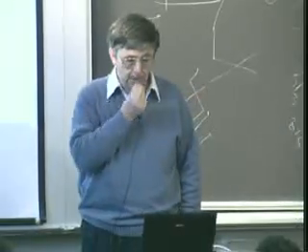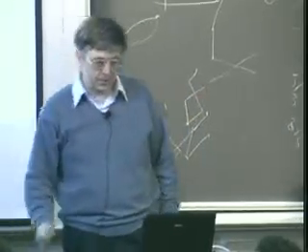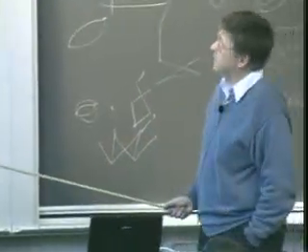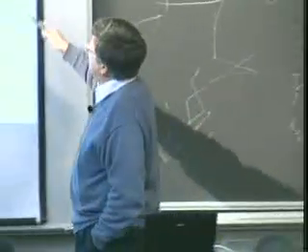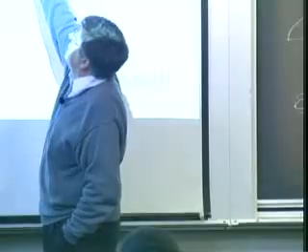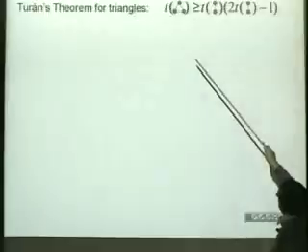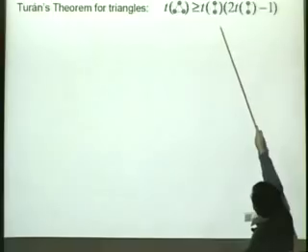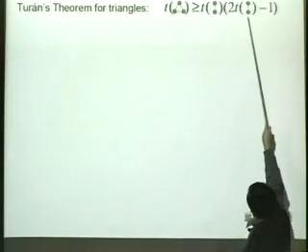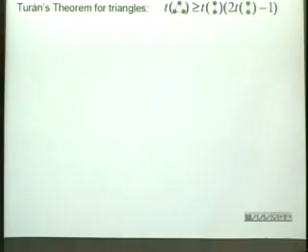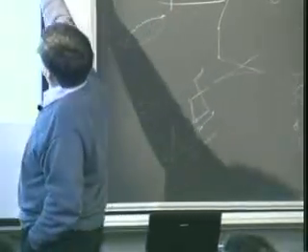So, for example, Turán's theorem for triangles, actually this is a strengthening of it, I think due to Goodman, says that if I look at the density of triangles in a graph, then this is greater than or equal to the density of edges times 2 times the density of edges minus 1. And here I suppressed the G, so there should be a G here.